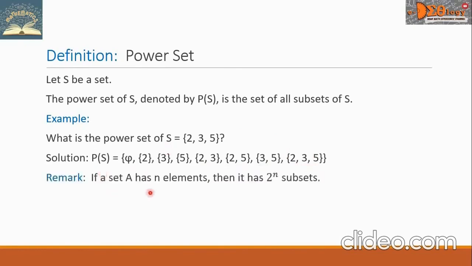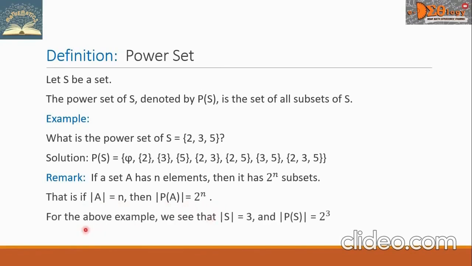If a set A has n elements, then it has 2 raised to n subsets. That is, if the cardinality of A is equal to n, then the cardinality of P of A equals 2 raised to n. For the above example, we see that the cardinality of S is 3.